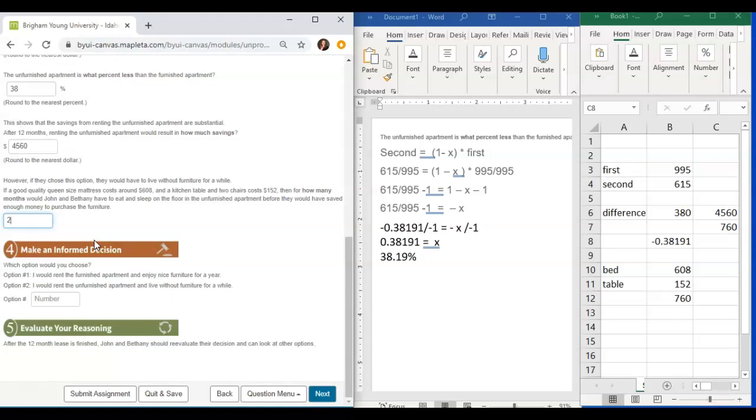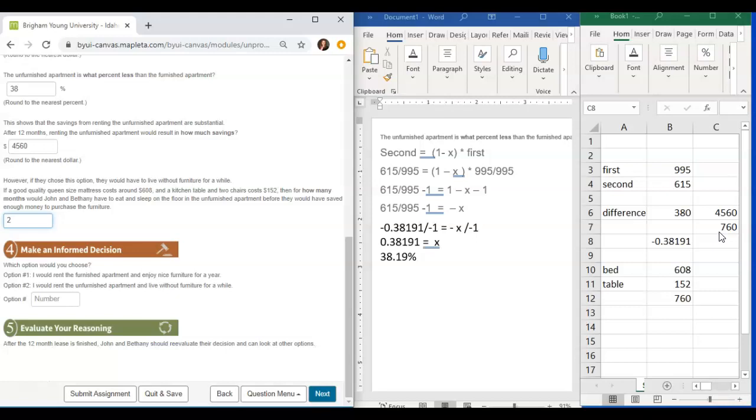So the next one, which option would you choose? Option 1, I would rent the furnished apartment and enjoy nice furniture for a year. Option 2, I would rent the unfurnished apartment and live without furniture for, in this case, we found 2 months, although just logically speaking, they don't have to wait the full 2 months.